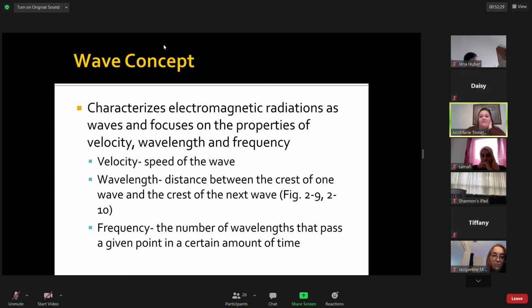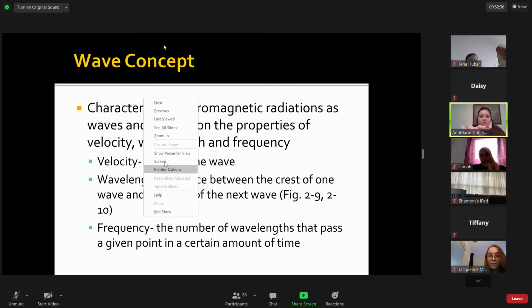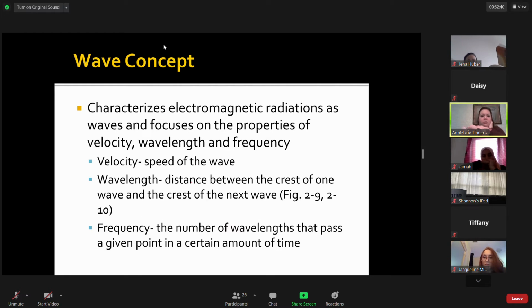Your wavelength is the distance between the crest of one wave and the crest of the next wave. So it's basically the distance between these two crests. The frequency is the number of wavelengths that pass a given point in a certain amount of time. All right, so you really need to know these concepts here.